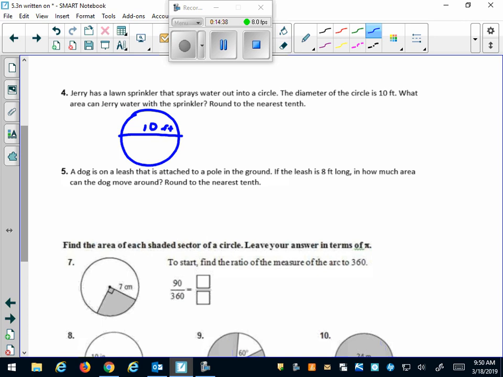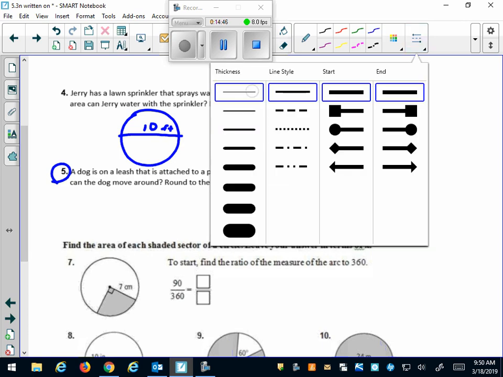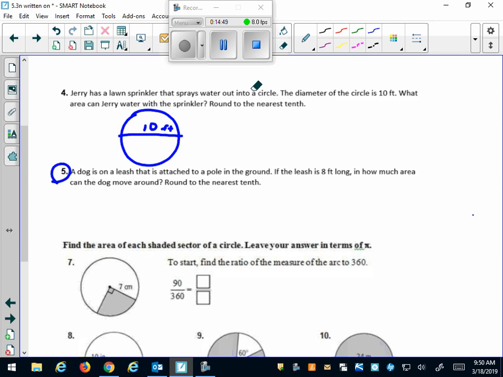Okay, this is the one that I like because sometimes when this is on a standardized test, sometimes people are confused, like, how am I supposed to know? But think about this. If a dog is on a leash and the leash is attached to the stake in the ground.